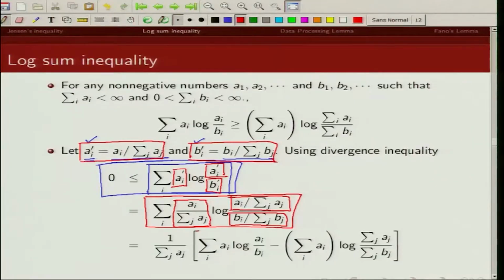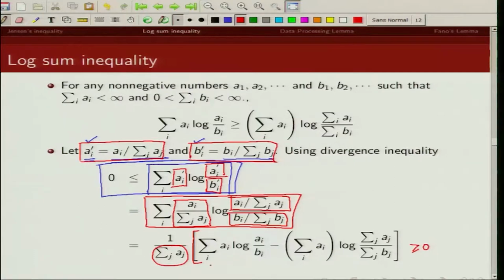So what I get here is the summation of ai log ai by bi minus the summation of ai log of the summation of ai's divided by the summation of bi's. Now I know this is greater than or equal to 0. This is a sum of non-negative numbers, so that is a positive quantity.